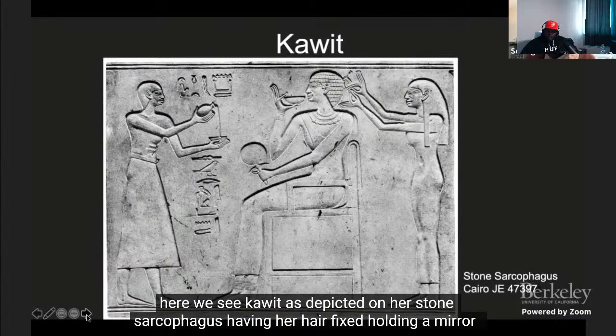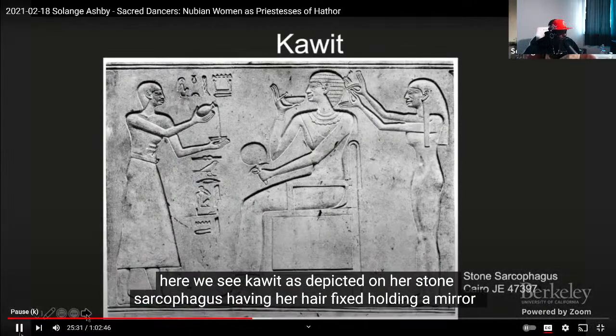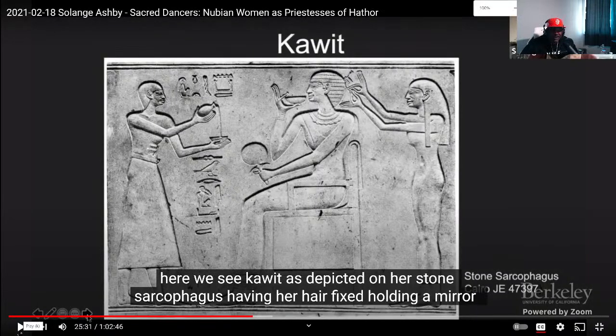Here we see Kawit as depicted on... Because I love seeing this. She got her mirror in her hand so she could get her braids braided on her head or twisted. This is a strong argument against all of these is Nubian wigs. No one of royalty is going to get a wig sewn on their own head and sit there for hella hours.